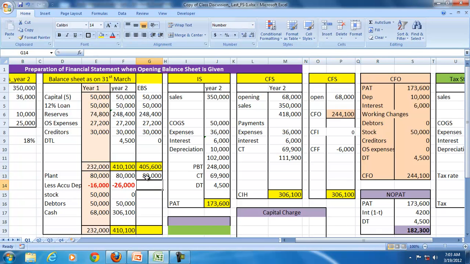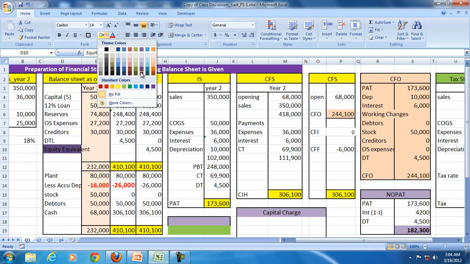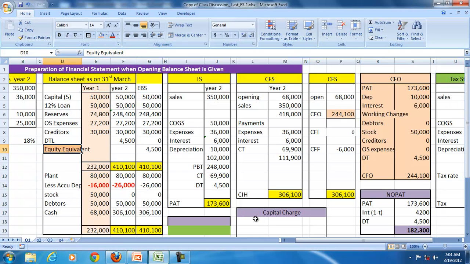Plant, we are taking the book value for the time being: no change in the depreciation, no change in the stock, no change in the debtors, no change in cash. So the asset values are the same, but the difference we call equity equivalent, which is the accounting adjustments required to convert the accounting balance sheet into the economic balance sheet, and that is an important item for calculating the EVA.